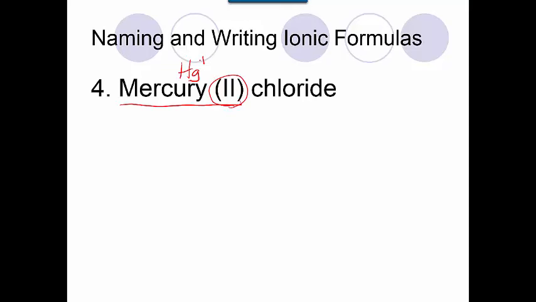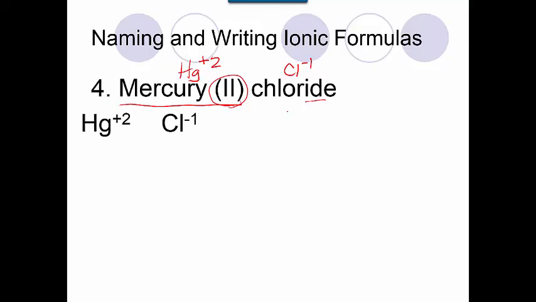And because it's the first one, it's always positive, but this is a Roman numeral 2, so that tells us that mercury has a +2 charge. Chlorine, okay, the IDE, and it's changed because it's written out as a name, but really this is chlorine, and that's Cl, and because of where Cl is on the periodic table, it's always a -1.